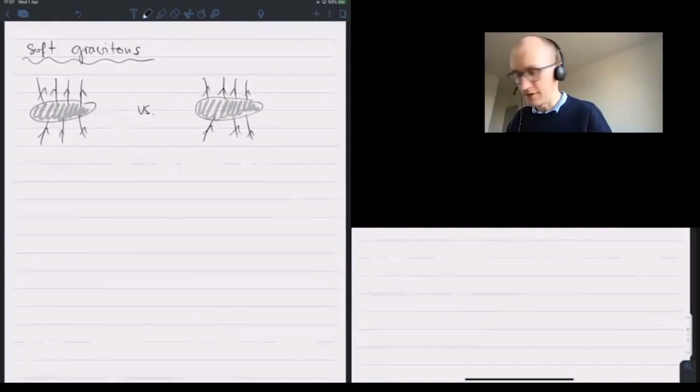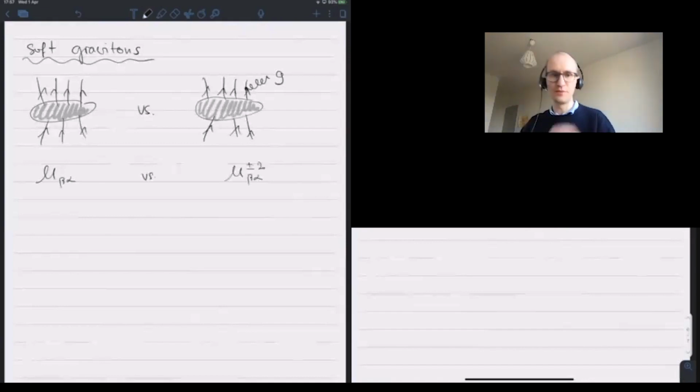So let's emit it from here, and this is some soft graviton. So we're interested in M beta alpha versus M beta alpha plus or minus, and to be completely explicit, we can put a 2 here because it's a helicity plus or minus 2 quantum that we consider.